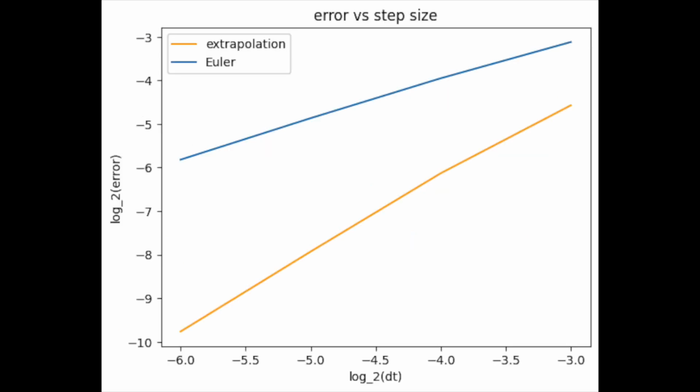So here I've plotted the error using a Euler scheme versus extrapolating that same scheme on an SDE that I could explicitly solve. So I used the geometric Brownian motion, and you can see on the bottom scale here we have the log base 2 of the time step. So as the time step gets smaller, the error gets smaller as well, and we see it's double the slope of the Euler approximation.